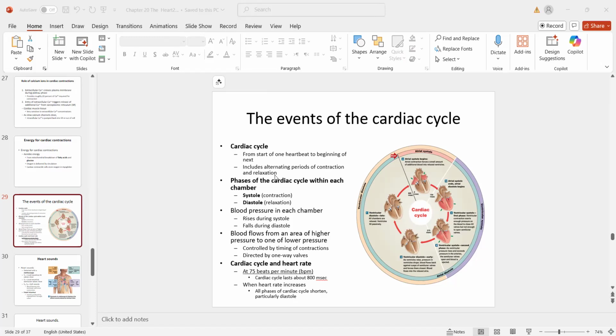When the heart rate increases, all the phases of the cardiac cycle are shortened. The greatest reduction occurs in the length of time spent in diastole.